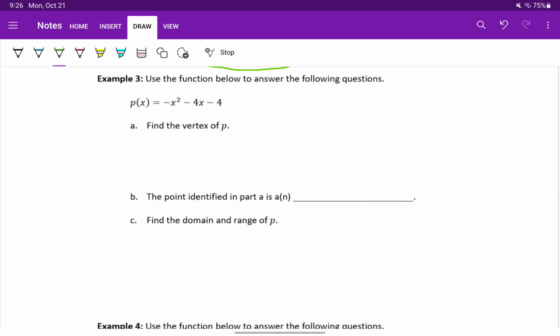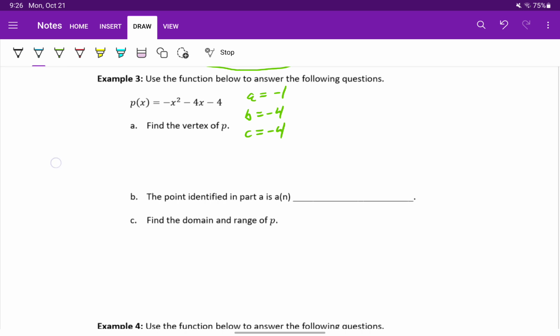In example 3, we're given the function p of x, which is negative x squared minus 4x minus 4. So here, our value for a is negative 1, our value for b is negative 4, and our value for c is also negative 4, but it's that constant term at the end.